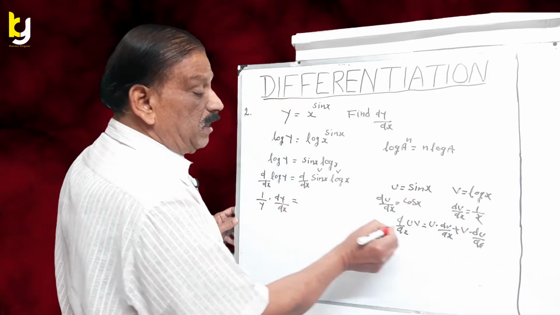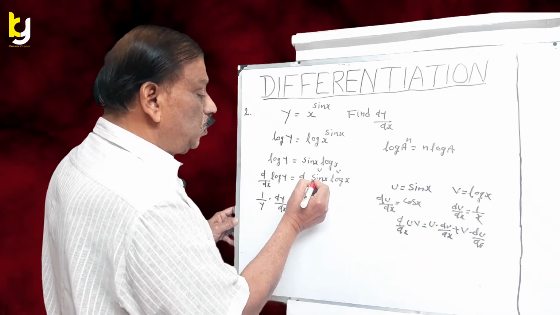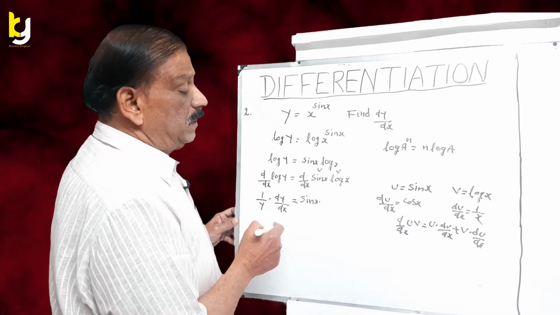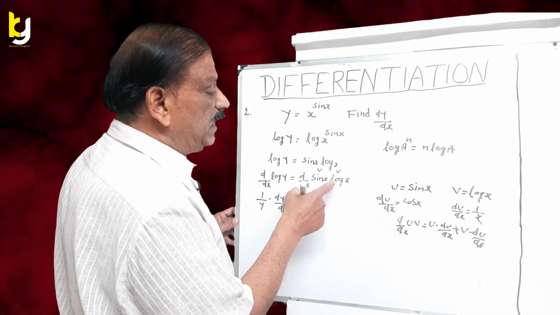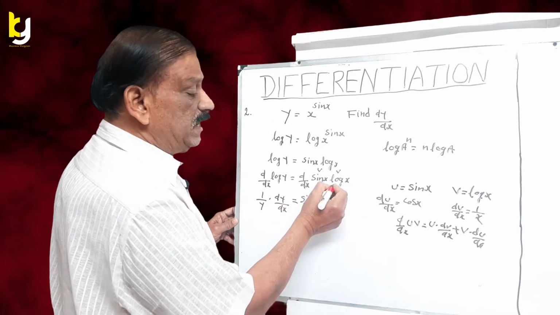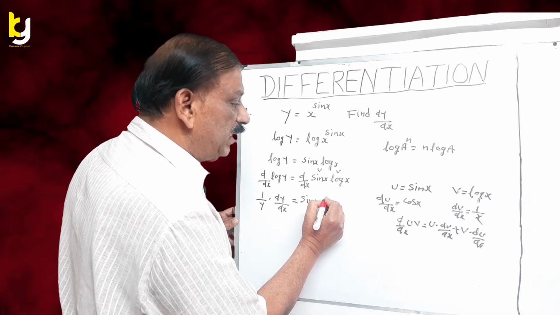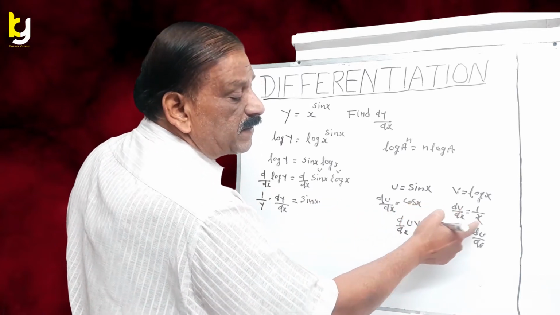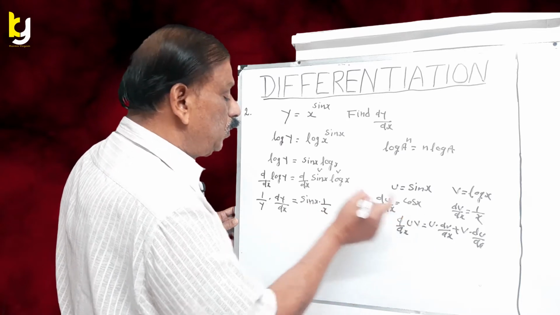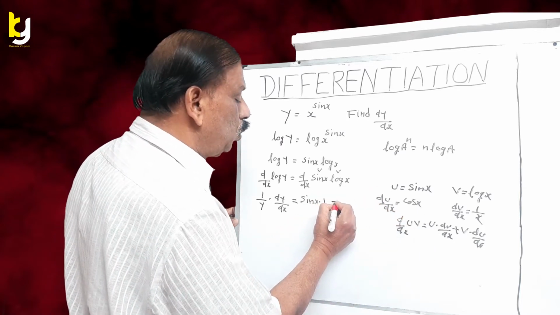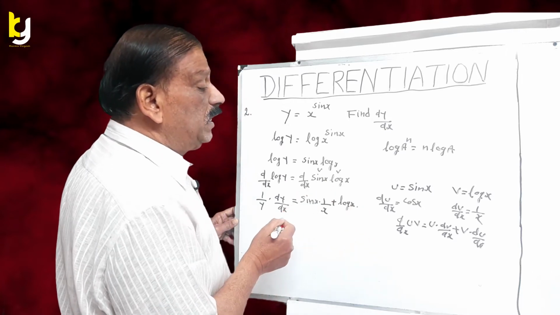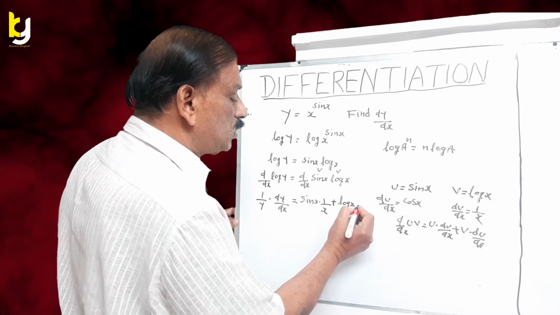Here u is sin x into dv by dx, that is 1 by x, plus v, that is log x, into du by dx, du by dx is cos x.